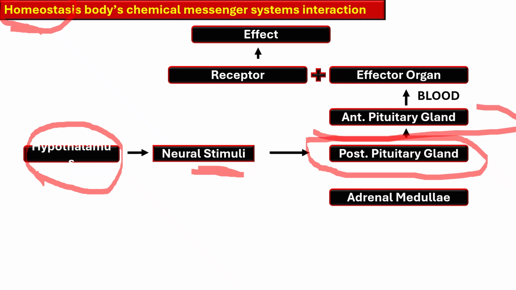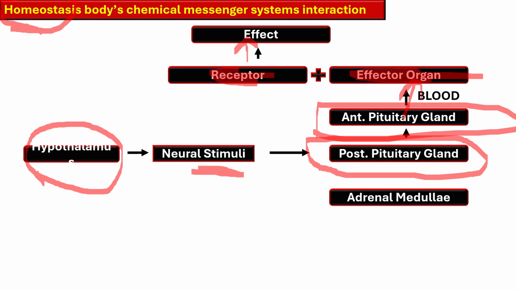Also, some are released from the anterior pituitary, and they are released into the blood. Through the blood, they act on the effector organ through receptor-ligand interaction and produce their effect.